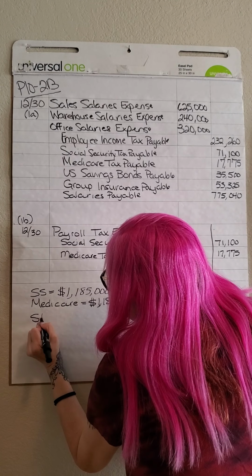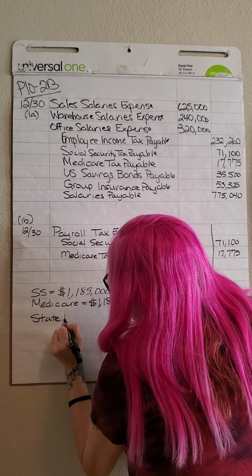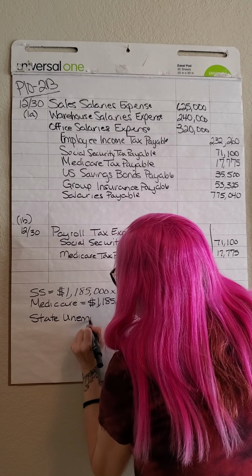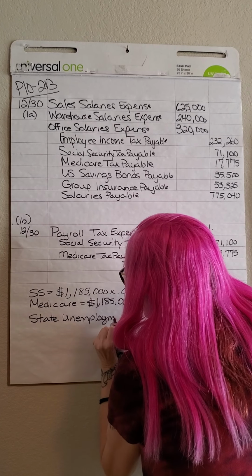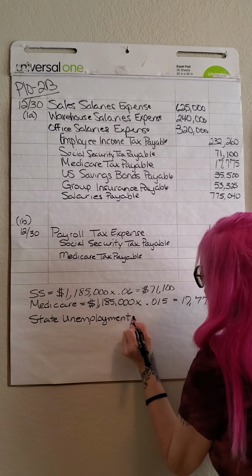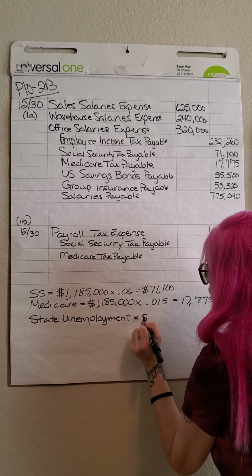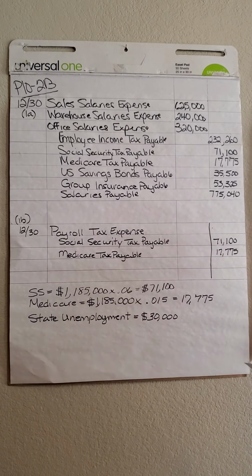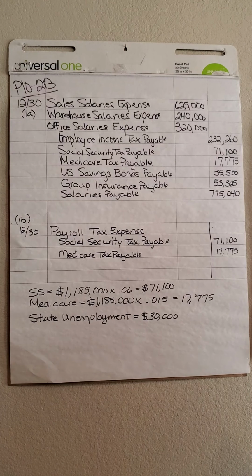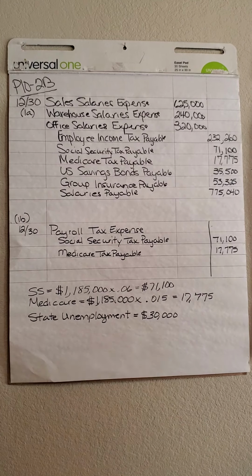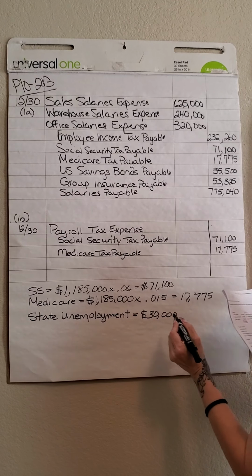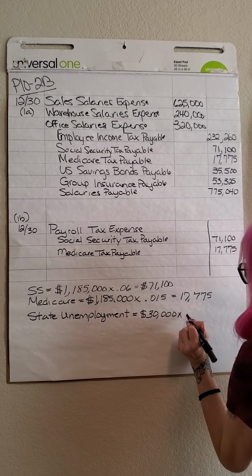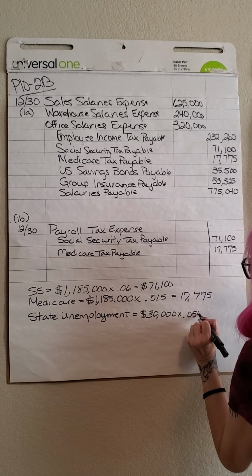And then we have to calculate out the state unemployment tax. So state unemployment. The problem tells us that only 30,000 of the total payroll is subject to tax, and that the rate for that is 5.4%. So we're going to do times 0.054.